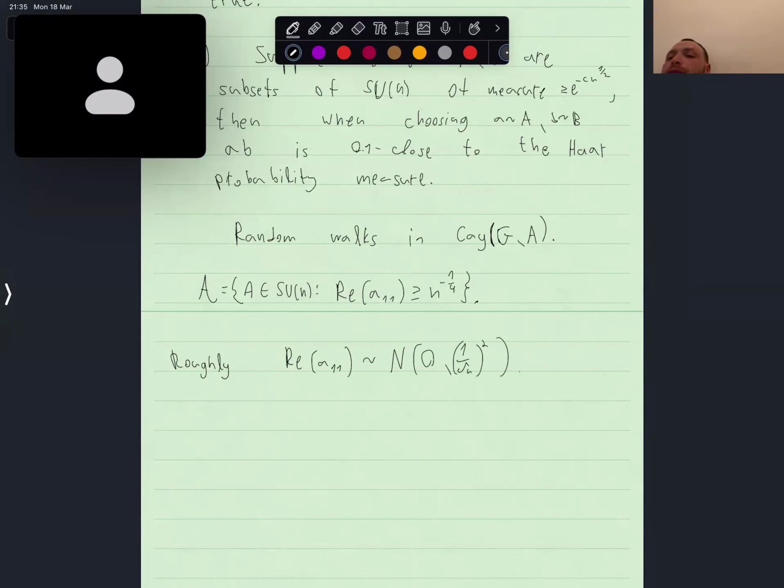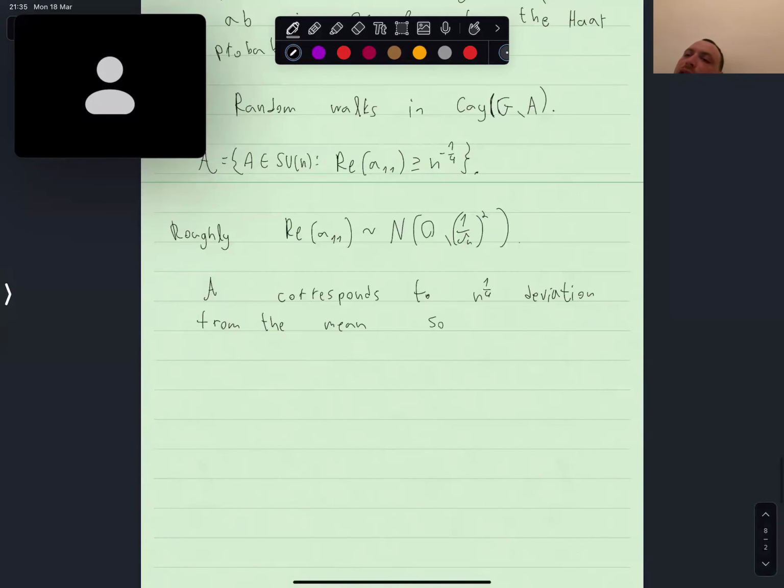And basically A corresponds to n to the 1/4 deviation from the mean. So we expect the measure to be e to the minus root n roughly, and indeed it is.